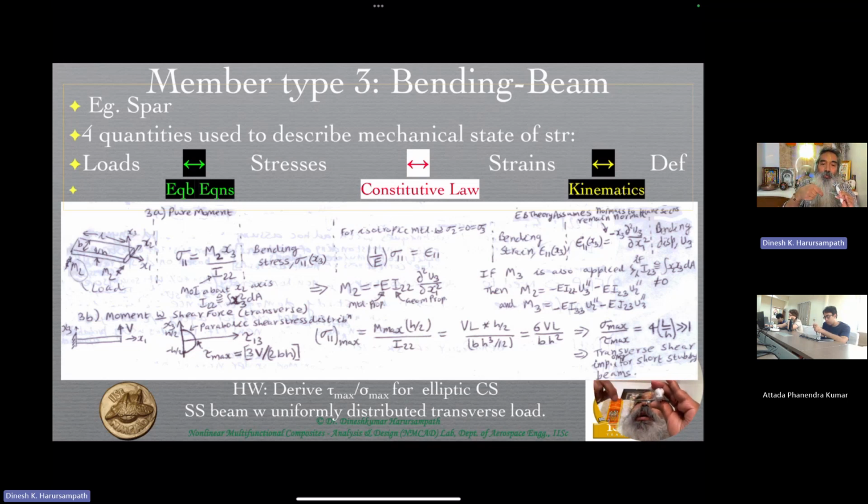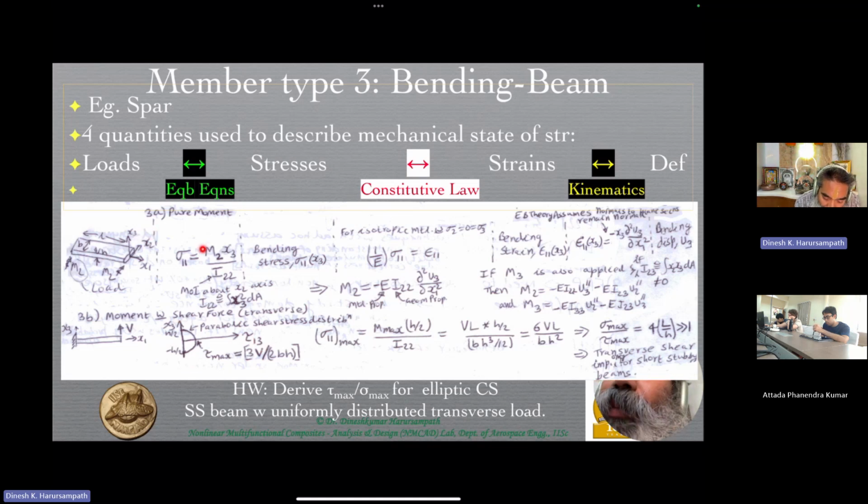Therefore, the first subscript for the tau has to be 1. And now it is balancing out a force which is coming because of the lift, let us say. Then it has to be in the 3 direction. It has to be either positive or negative x3 direction, but essentially the second subscript, whether it's positive or negative, doesn't matter, will become 3. So that's what you see over here, that we are plotting tau 13 versus x3.